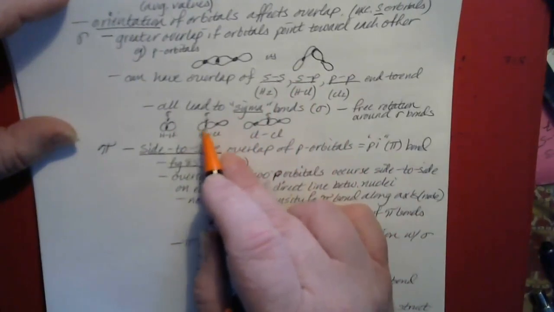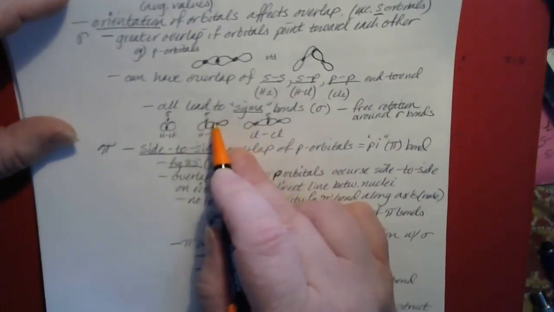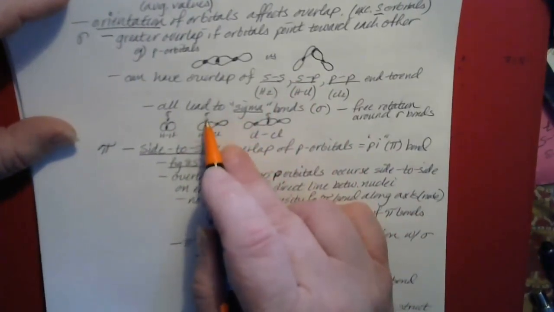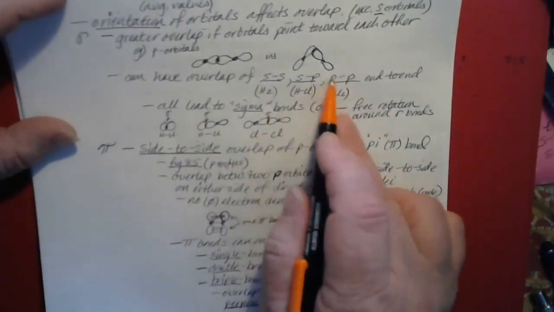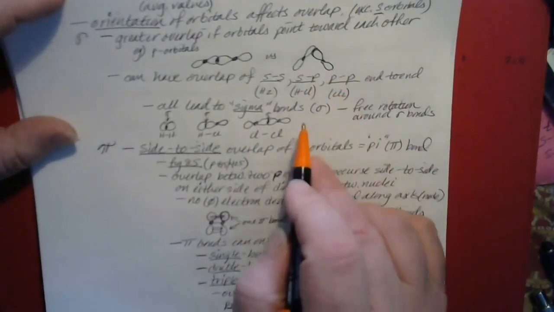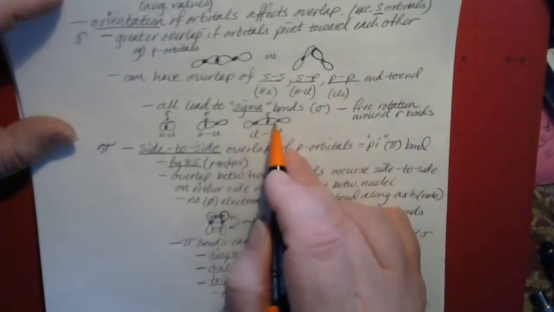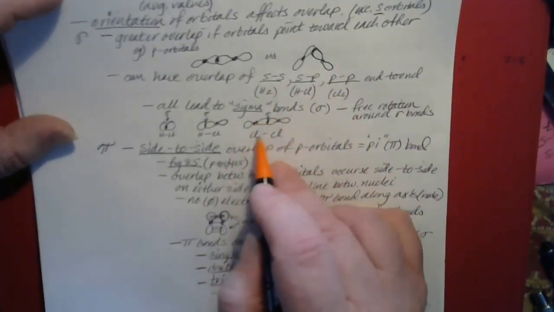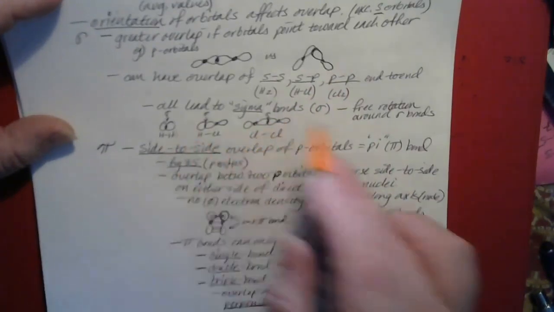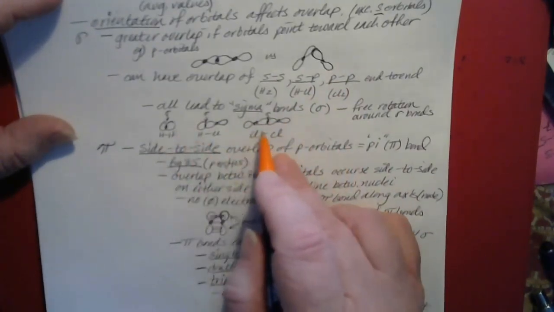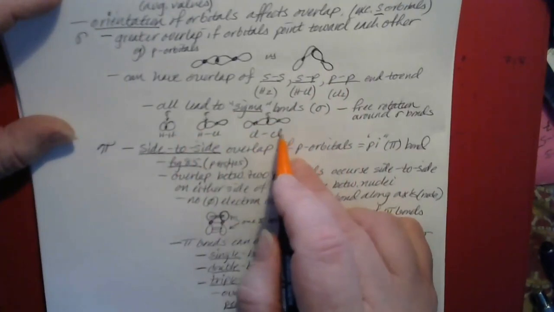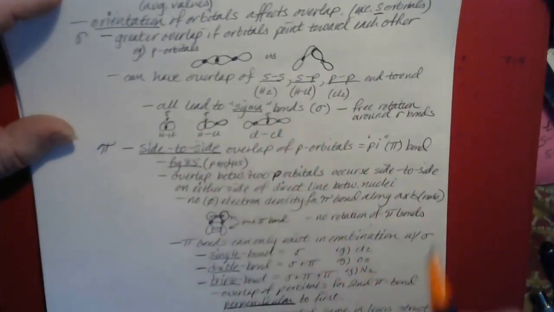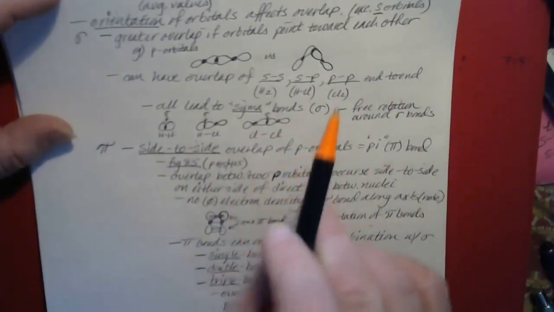So that would be like this, a spherical s orbital and the dumbbell shaped p orbital overlapping, and that's where the bond is, right where they overlap. Or you could have a p orbital and a p orbital on two different atoms overlapping end to end, and that would also be a single bond. And that's what you find in chlorine, Cl2.